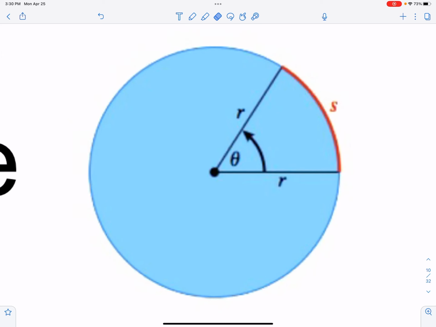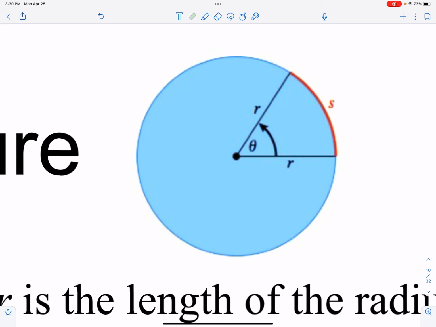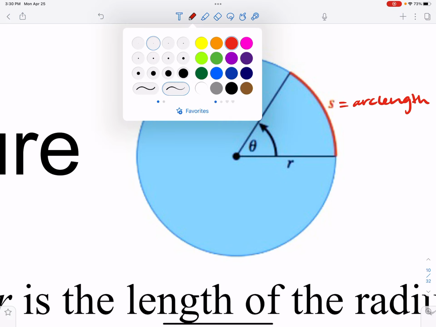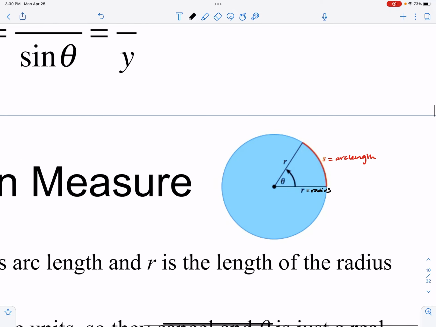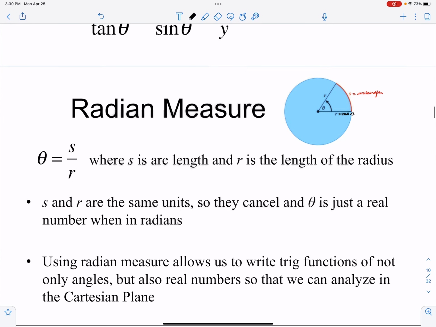So in this picture, you can see S represents the arc length. And then R represents the radius. And S and R have to be measured in the same units so that those units cancel.